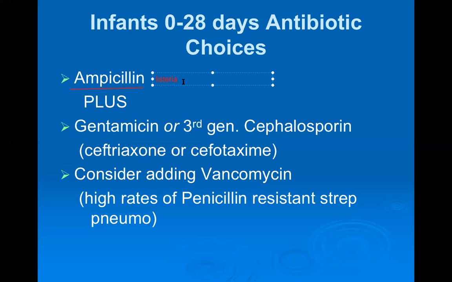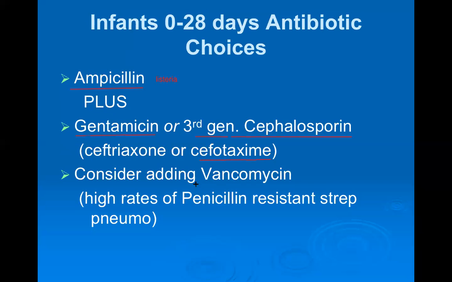So we have to use ampicillin, and along with that we can go for gentamicin or a third generation cephalosporin like cefotaxime. Cefotaxime is better in case of neonates rather than ceftriaxone. So ampicillin plus cefotaxime or ampicillin plus gentamicin. This is a good combination.